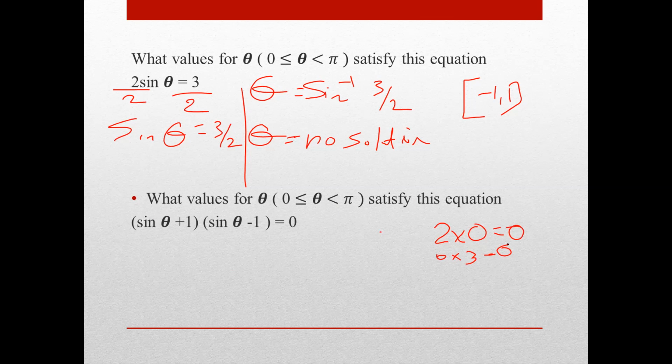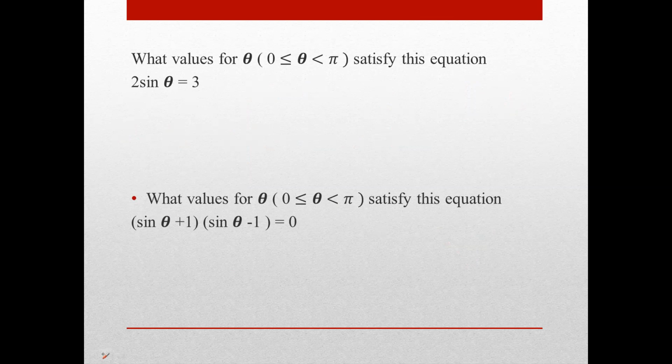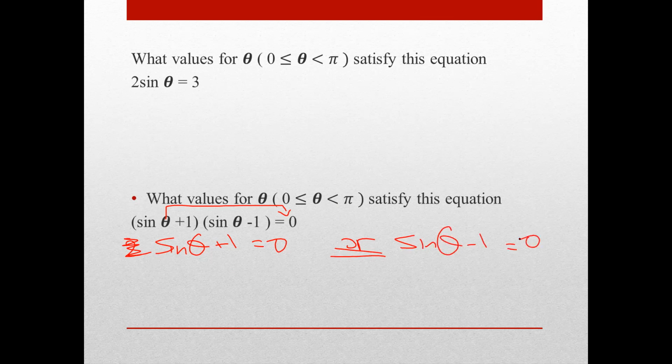So here we can say that sine theta plus 1 equals 0, or sine theta minus 1 equals 0, because if the product of two numbers is 0, one of them is 0. It could be the first or the second one.